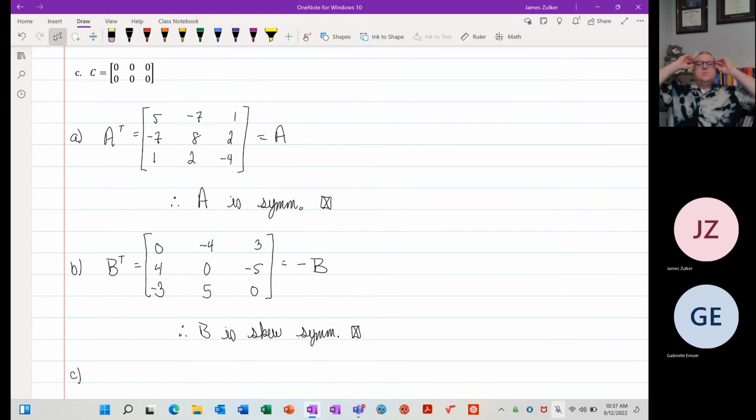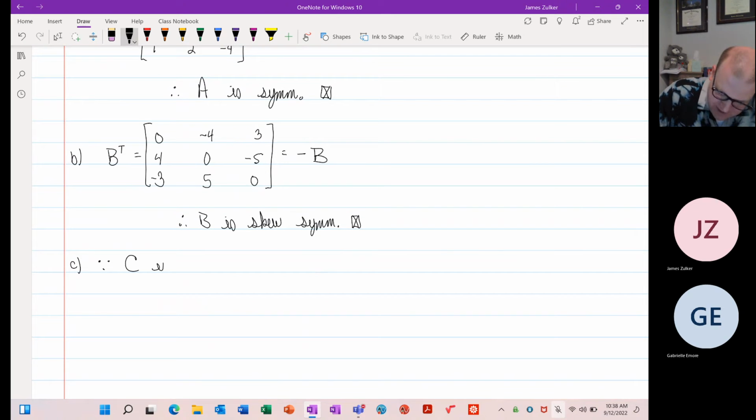For C, well, notice that C is not square, right? So when you take the transpose, you're not even going to get the same dimensions. In fact, C is what? It is a 2 by 3. So C transpose would be 3 by 2. There's no way C can equal C transpose. And there's no way C can equal negative C transpose because they're not the same dimensions.